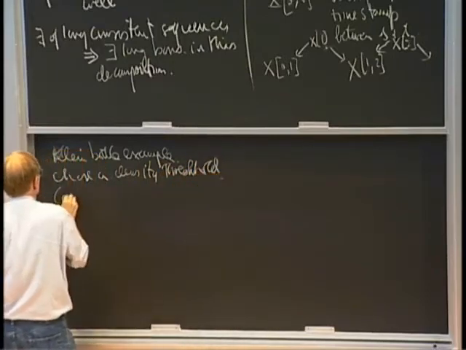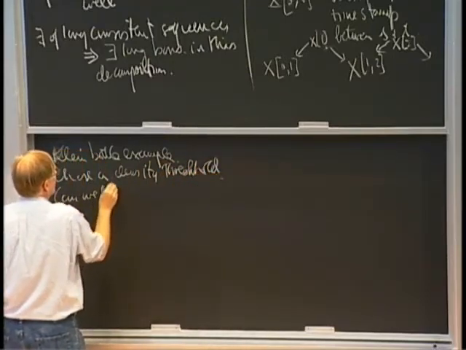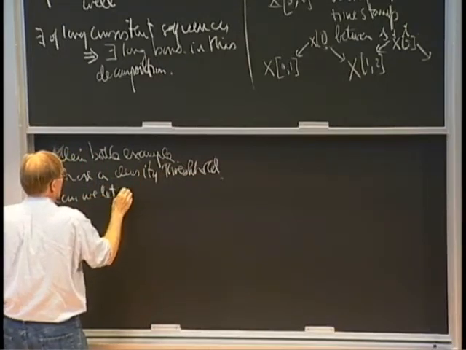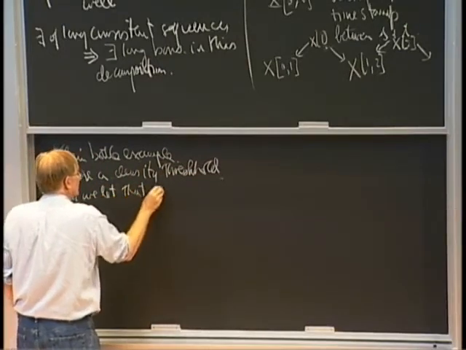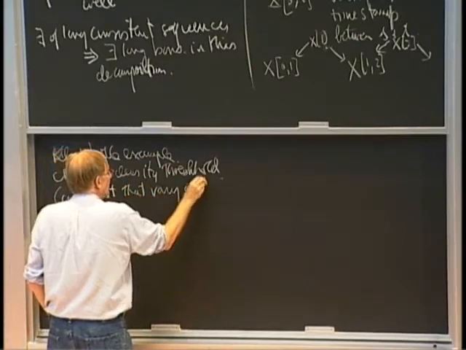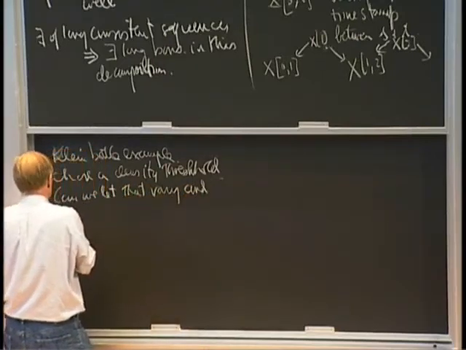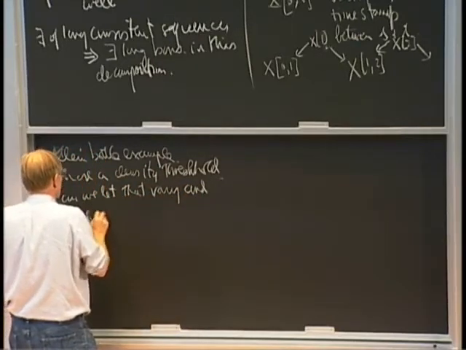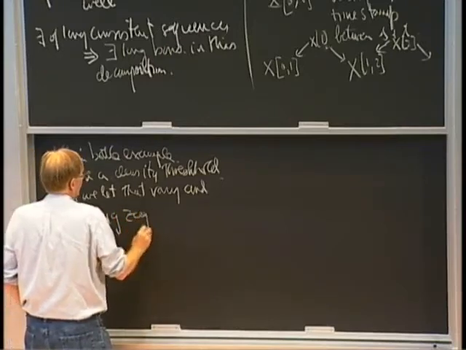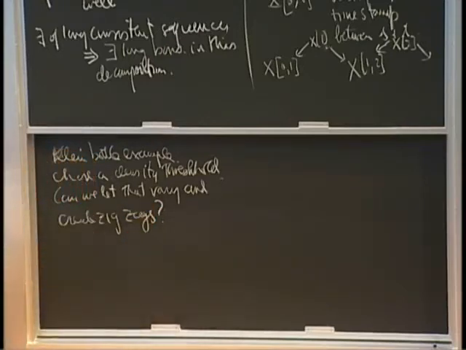Can we let that vary and divide into zigzags? So in any case, these zigzag diagrams allow you to understand the way that the homology changes within these more level set situations. Okay.